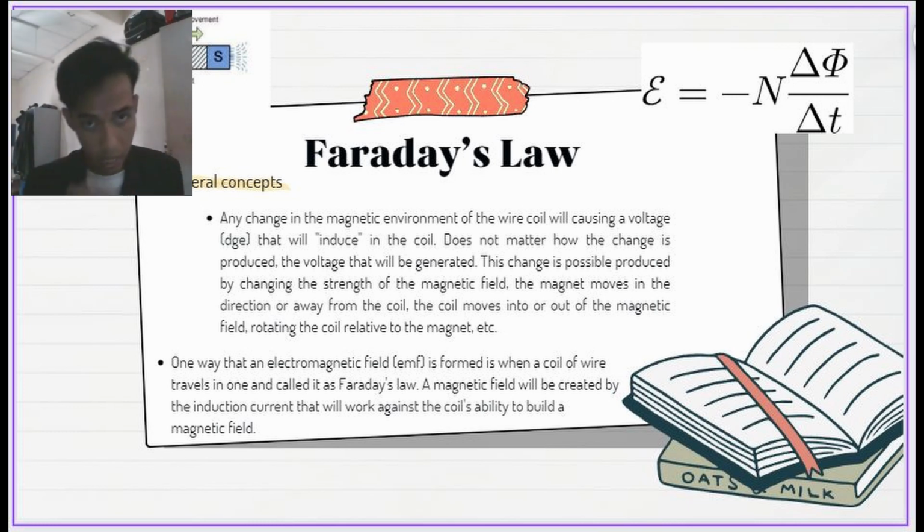One way that an electromagnetic field, or EMF, is formed is when a coil of wire travels in a magnetic field, and we call it Faraday's law. A magnetic field will be created by the induced current that will work against the coil's ability to build a magnetic field.